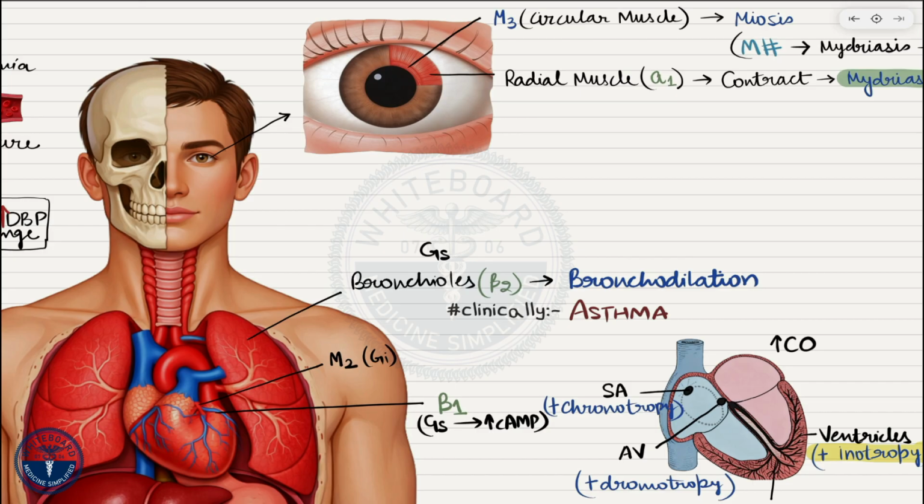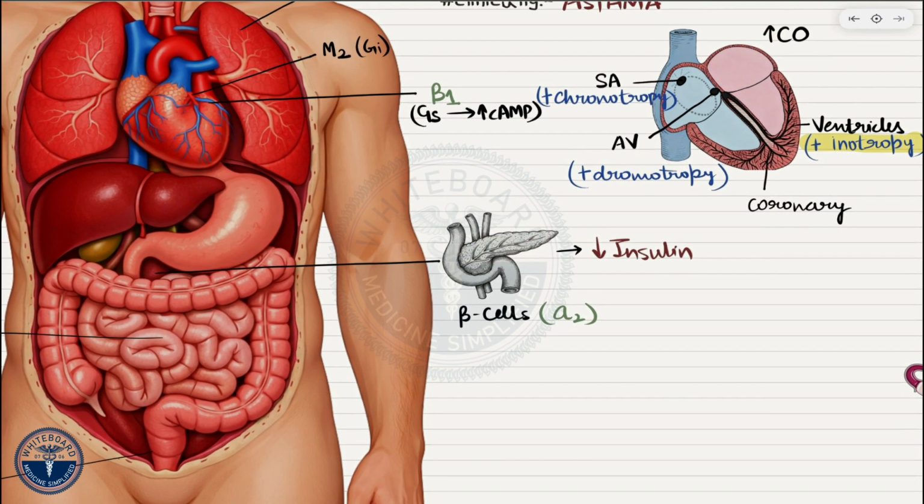When activated, they increase intracellular cyclic AMP levels, and this increase in cyclic AMP leads to smooth muscle relaxation, which explains the vasodilation and bronchodilation produced by beta-2 receptor stimulation. In addition to their effects on smooth muscle, beta-2 receptors also play an important role in metabolism, particularly during a fight or flight response.